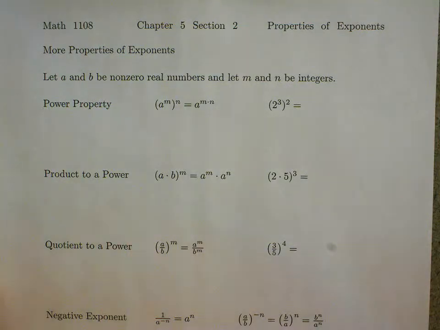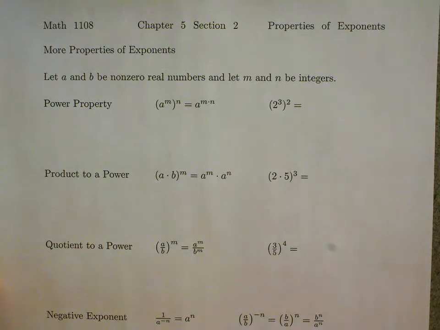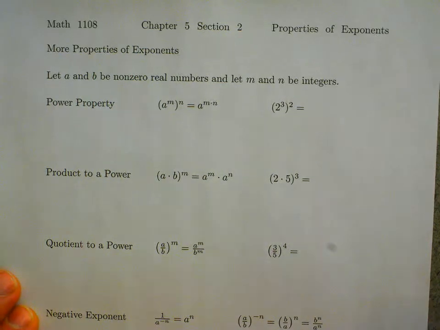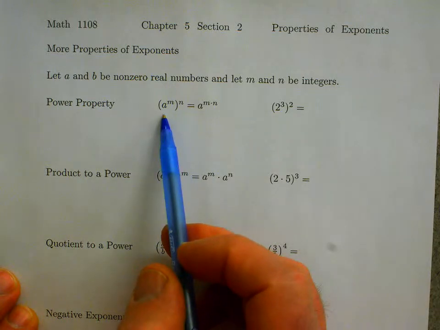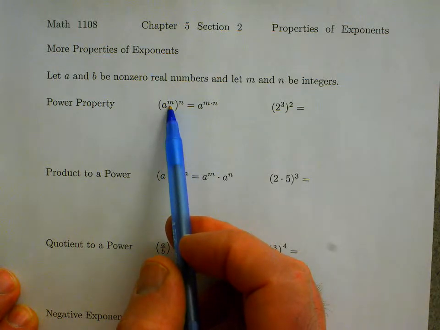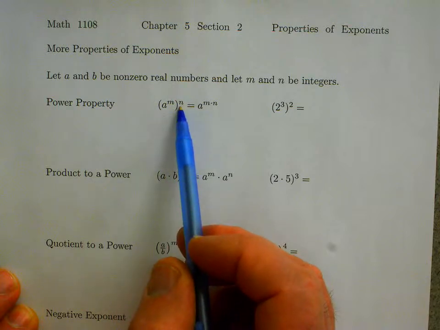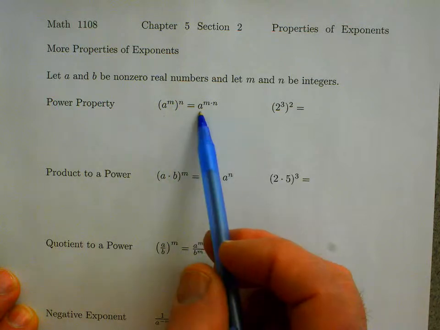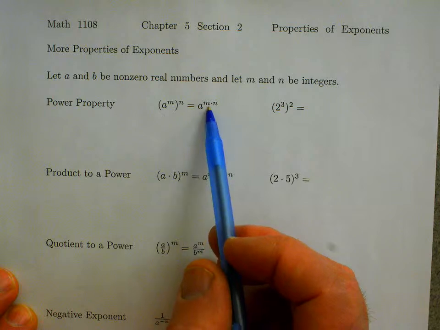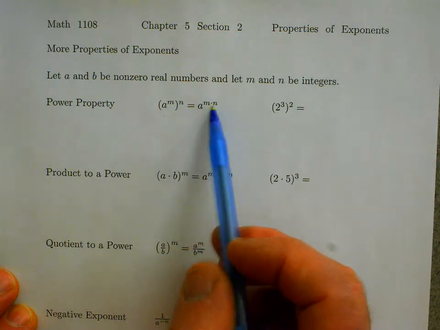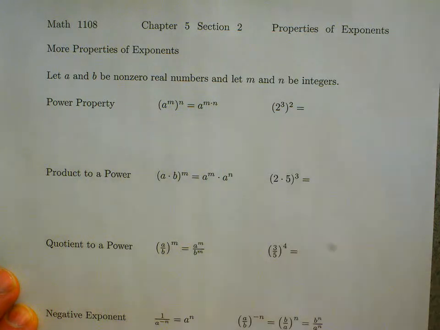The power property: if we have a raised to the power m, and if that entire expression is raised to the power n, then this is a to the m times n. So we're just multiplying the exponents.